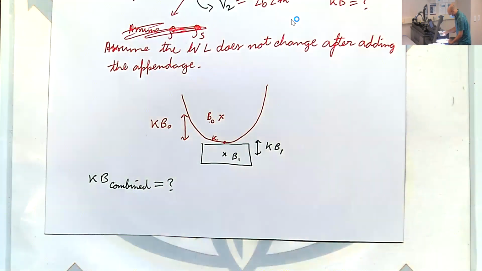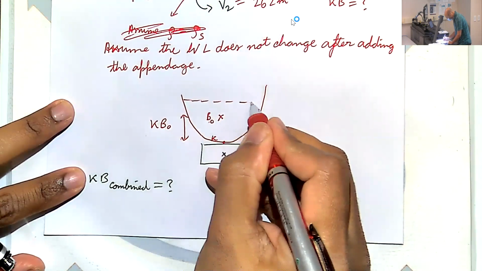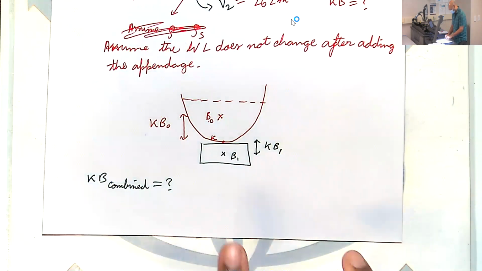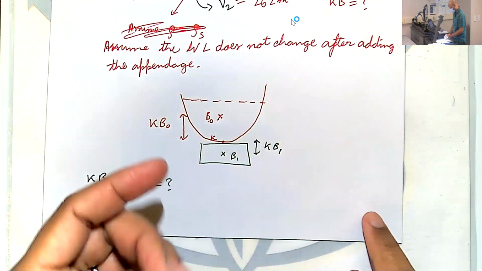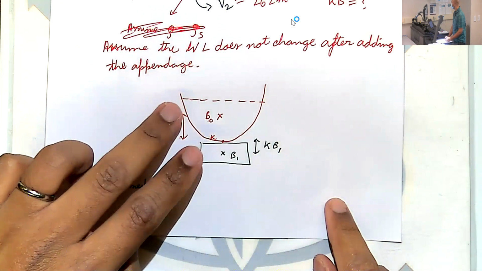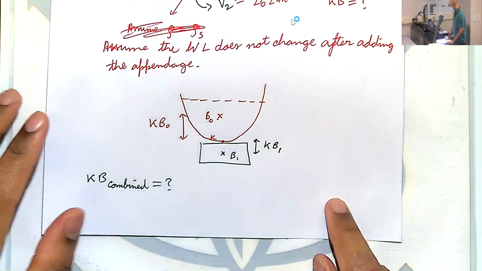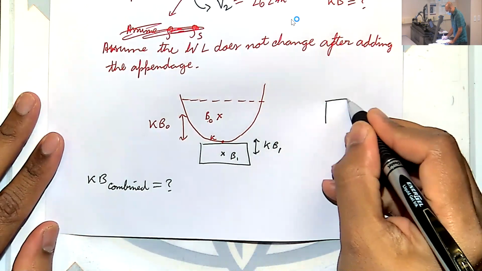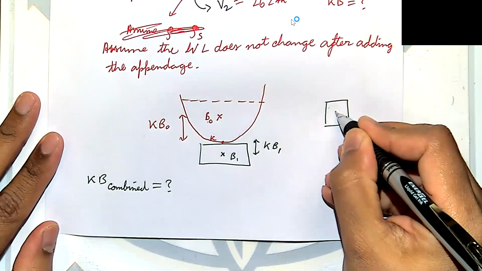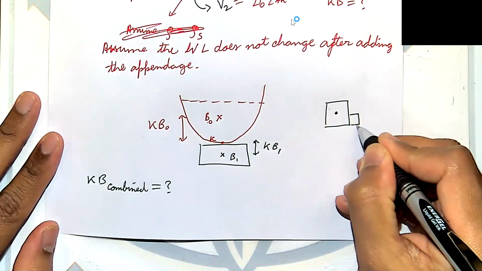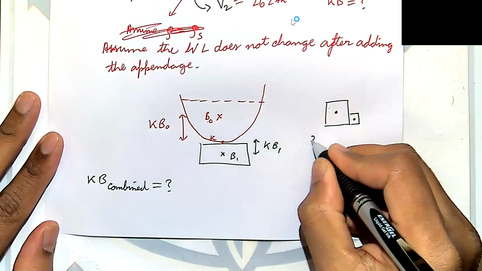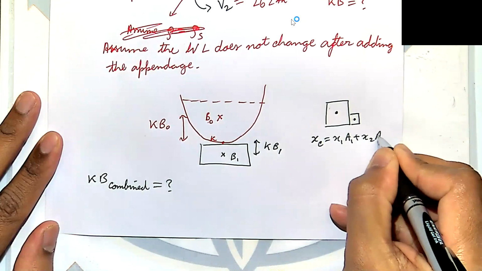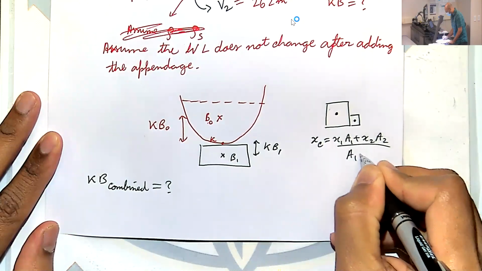The only thing you have to recall is how we compute the combined centroid of two-dimensional objects, the area centroid. If you have one object and you add another, the XC combined is X1 A1 plus X2 A2 over A1 plus A2.